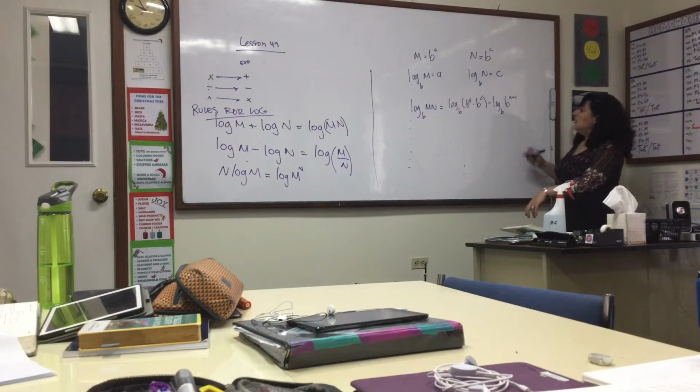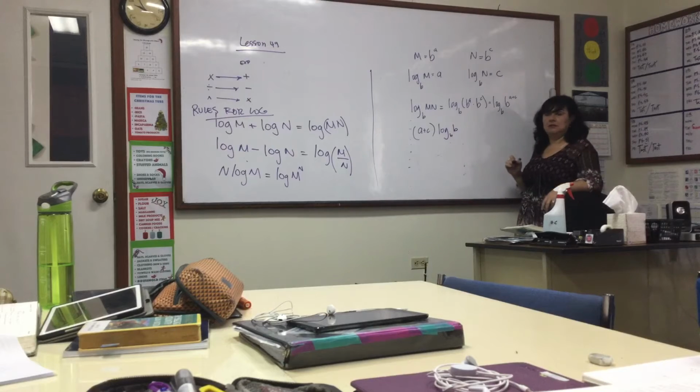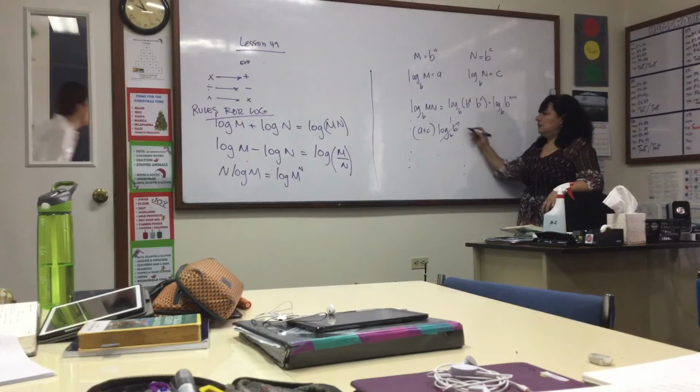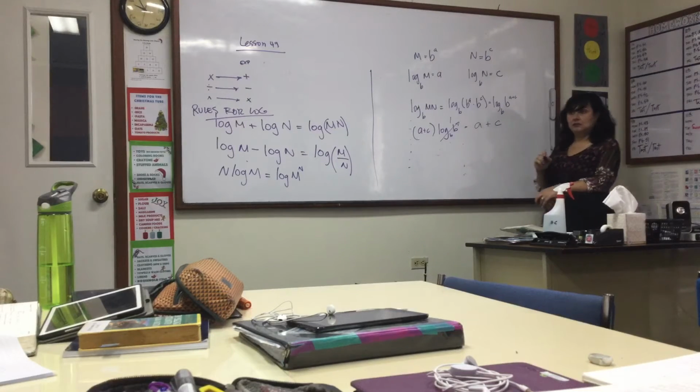Yes? This is the same as a plus c times logarithm base b of b. Logarithm base b of b is 1. And that gives you a plus c. Do you agree?